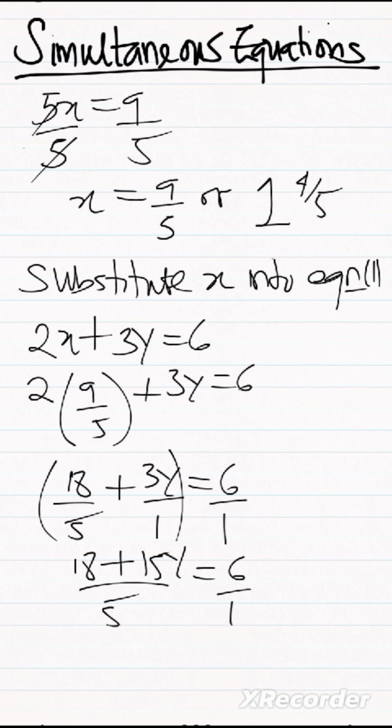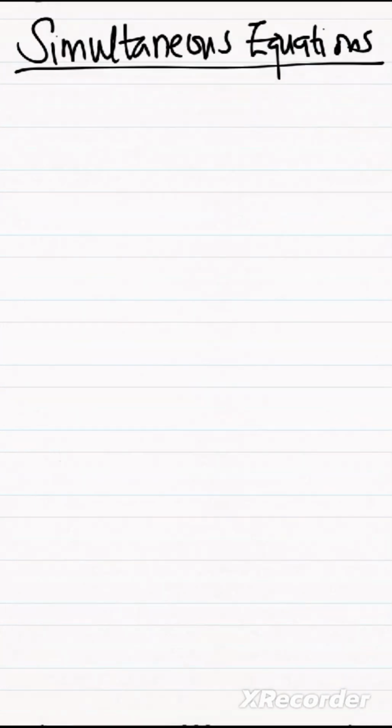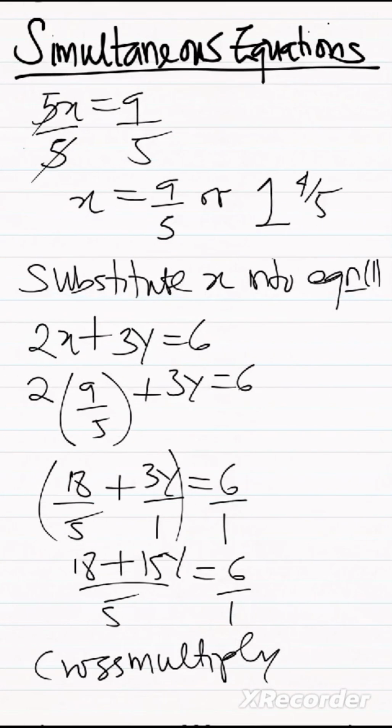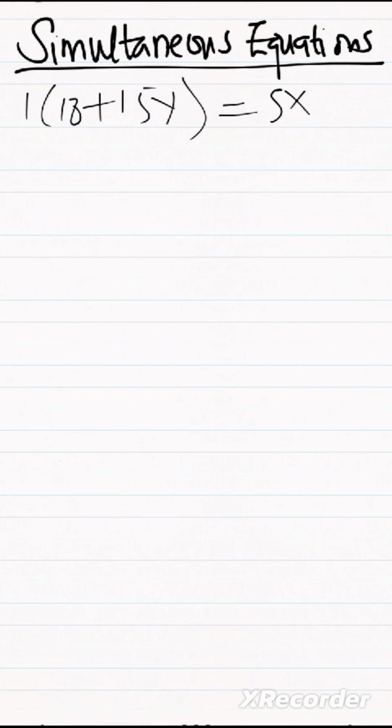At this stage, we would have to cross multiply. So on cross multiply, we'll have 1 multiplying 18 plus 15y equals 5 times 6. So we'll have 18 plus 15y equals 30.